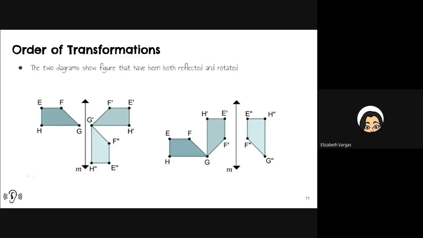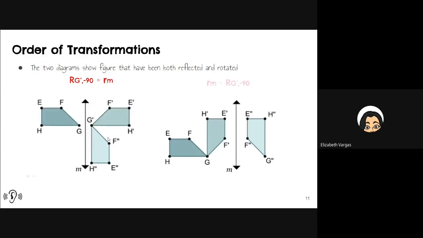What's really important in a composition of transformations is to complete the transformations in the order we just discussed, doing the rightmost transformation first and then the leftmost. The reason being is here we see two diagrams that have been both reflected and rotated. The first diagram was first reflected across the line M, and then rotated about the point G prime, negative 90 degrees.